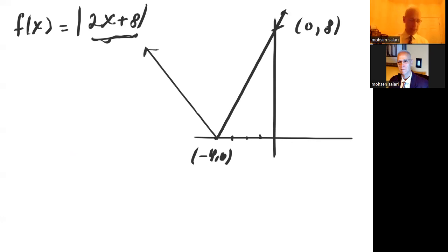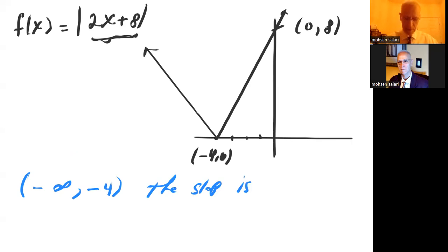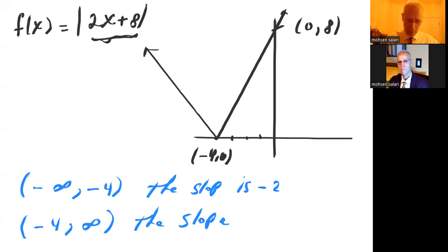And so what can you say here? We can say that from -infinity to -4, the slope is -2 at any given point, and from -4 to infinity, the slope is +2.